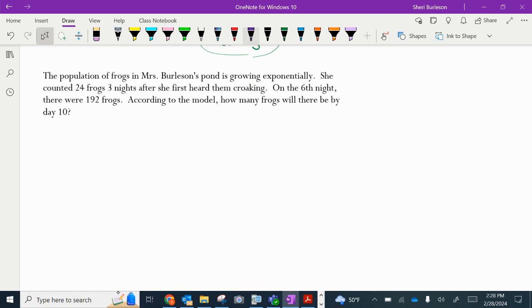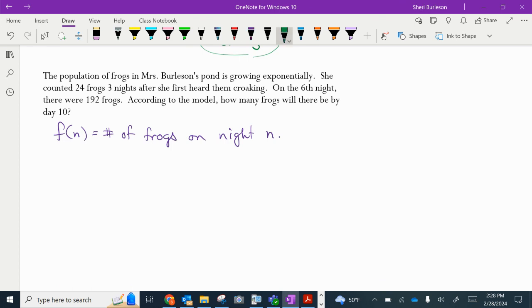So I'm going to use two different colors because there's kind of two different ways we could have set this up. My frog scenario, if I use function notation, this is going to be the number of frogs on night n, right? How many of you used function notation to write this problem up?